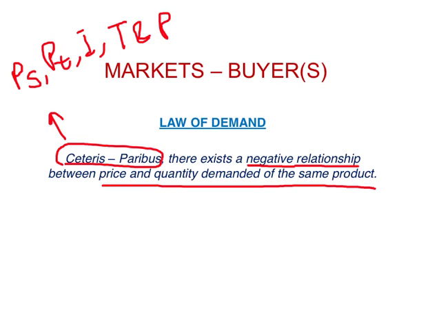Here, the same product has significance. What we are looking at is price of coffee and demand for coffee, price of a car, demand for cars, and so on and so on. Now, look at the subsequent diagrams.